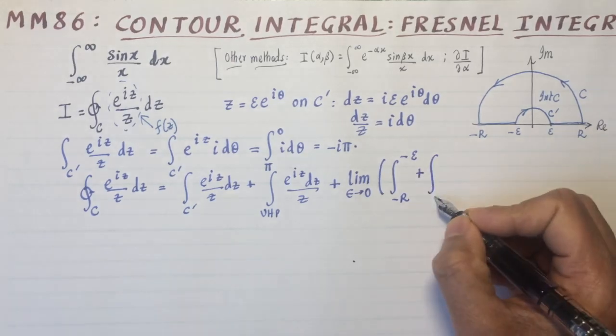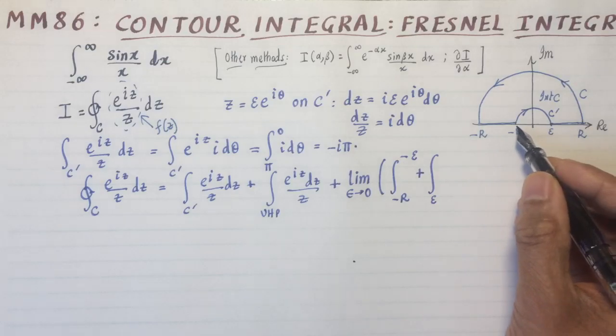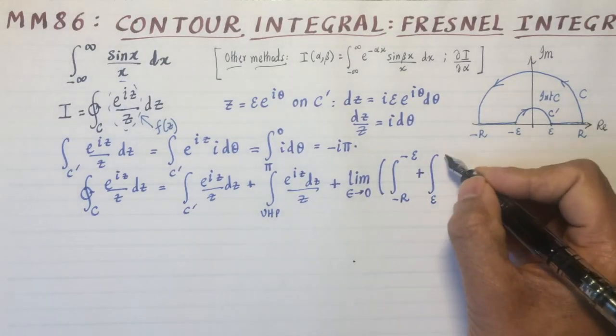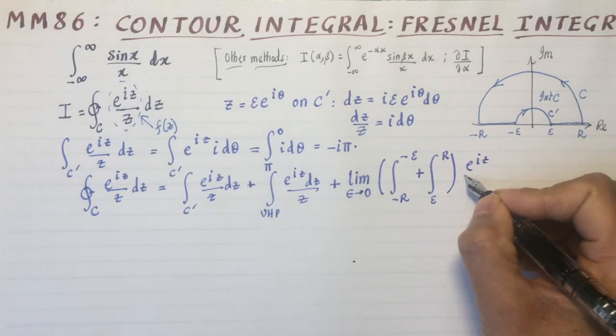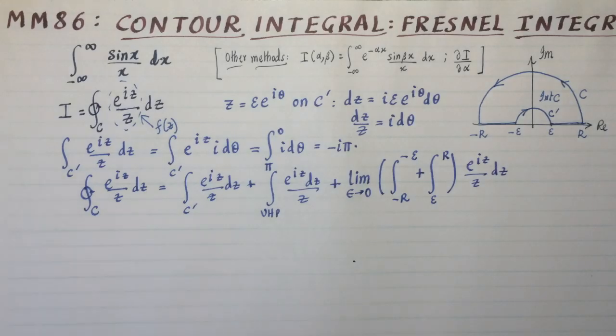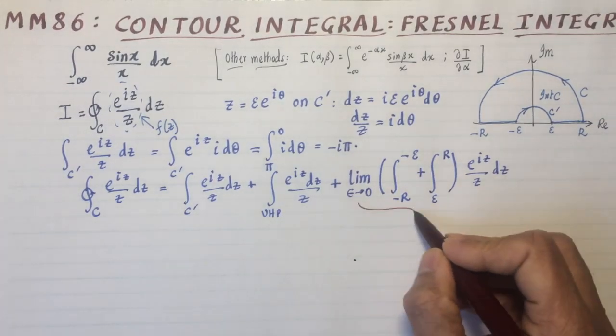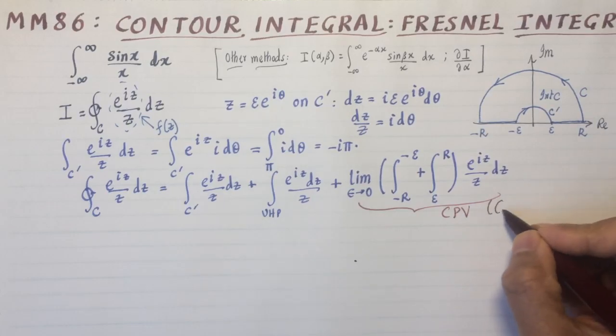So it is the integral from minus r to minus epsilon, and then you pay respects to the epsilon speed bump by hopping over to epsilon, and going from epsilon to r, of e to the iz over z dz. So this has got the name of the CPV, Cauchy principal value.